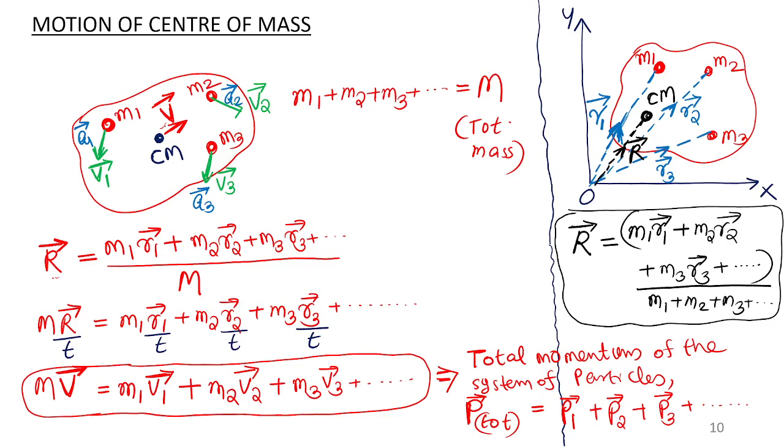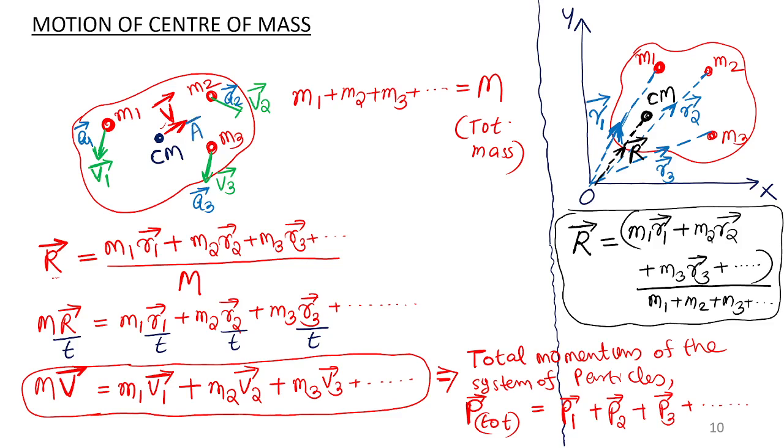So if each component mass has acceleration, definitely the center of mass will also be moving with some acceleration. Let me denote it by capital letter A vector, not area. We use capital letters.